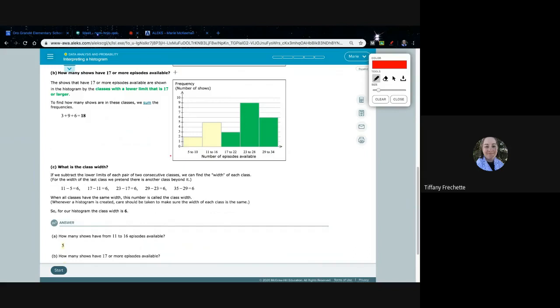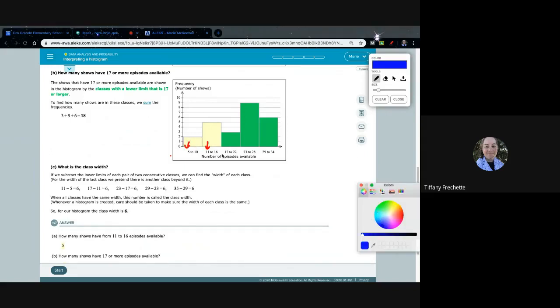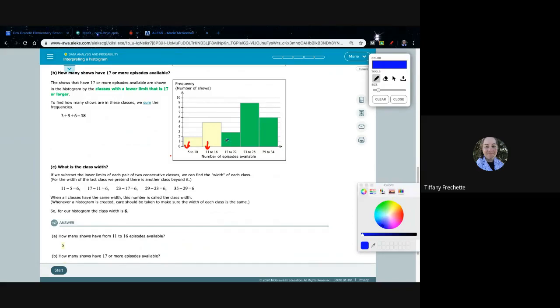If you notice, they go 11 minus 5. And then, here I'll click on a different one. For this next one, they go 17 minus 11. And then they go 23 minus 17. And let's see, what have I not used here? Bright blue. And then they go 29 minus 23.